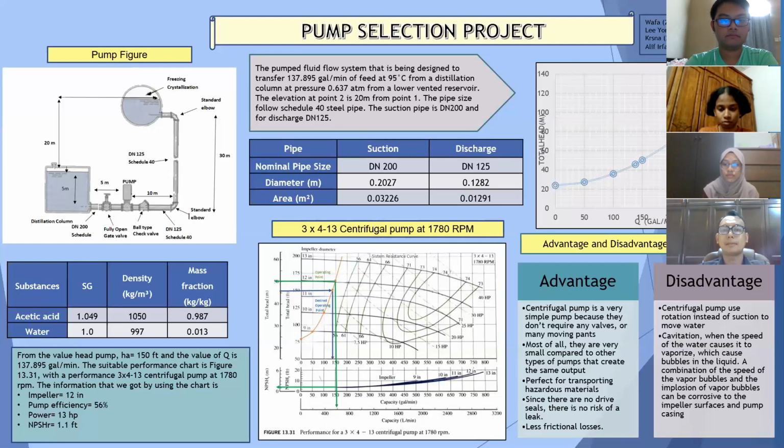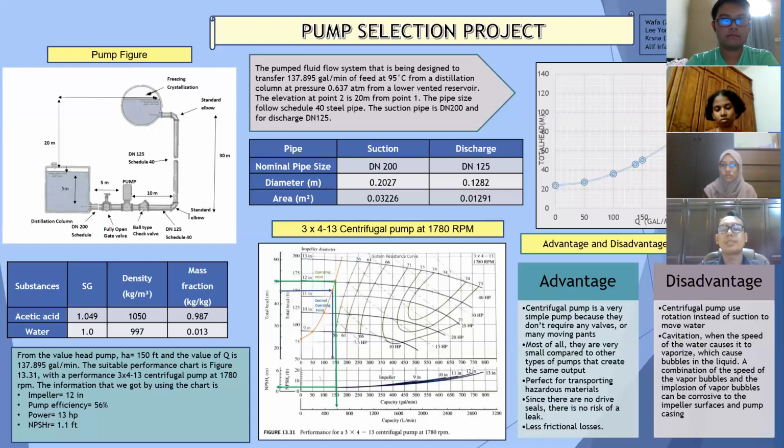In terms of costing, it is very helpful to the workers who want to repair the pump, because it doesn't require a lot of valves, T-valves, or other components that contribute to the minor losses.